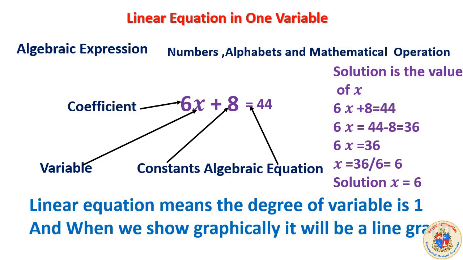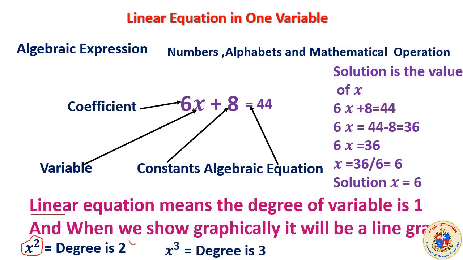That is why we name such equations as linear equation. Even in the name linear equation there is "lin", meaning linear equations give a line graph. And you have to create a graph of linear equation in two variables this year. And meanwhile, I told you about degree. This degree is nothing but the index that we show here. In this case it is 2 at the bottom left side, and in this case it is 3, and in the given case 6x plus 8, degree is equal to 1.